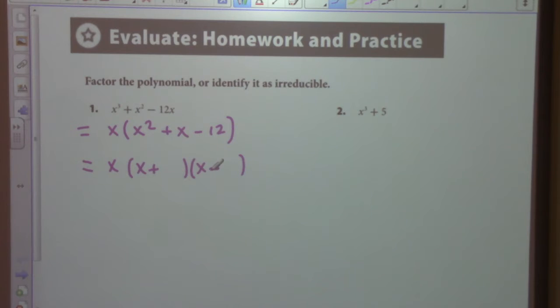And now we ask the question, what two numbers, which, when multiplied together, equal negative 12, yet when added together equal 1? 4 and negative 3, thank you, Kim. Yeah, 4 and negative 3, and then you add them together, so that's how you get it. And so is this fully factored right here? This is completely factored.